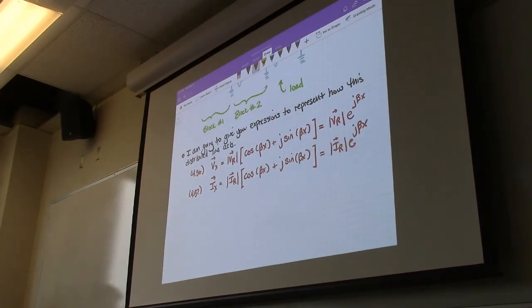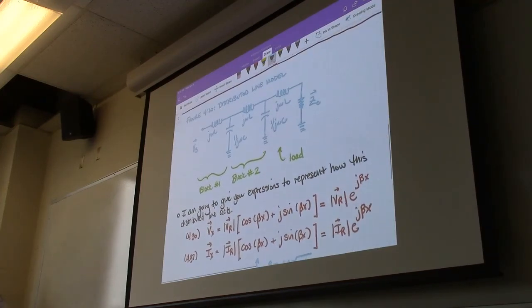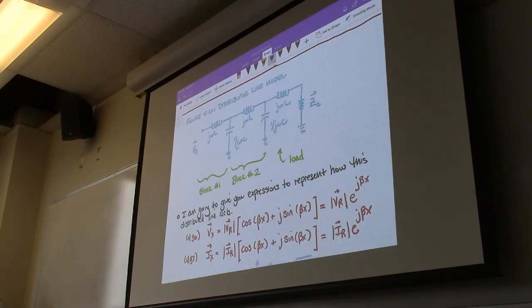And beta is equal to omega times the square root of LC from the figure above. So you can see that it's derived from the reactive elements in there.